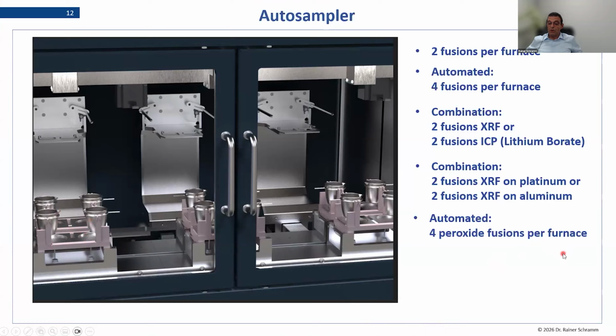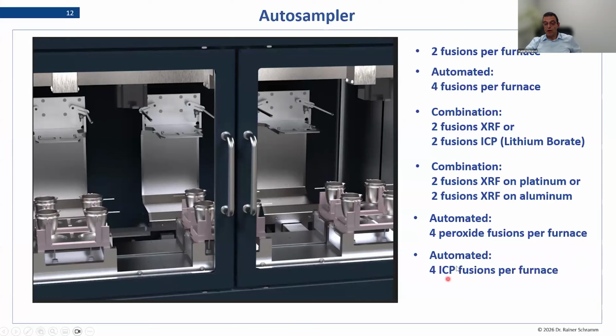Or you want to do peroxide fusions for ICP or ion chromatography, you could load up to 4 peroxide fusion crucibles in one station. That means where you have 2 platinum, we do 4 peroxide crucibles, so that in total on one station you can do 8 peroxide fusions, fully automatic, then multiplied by 3 if you have a bigger machine.